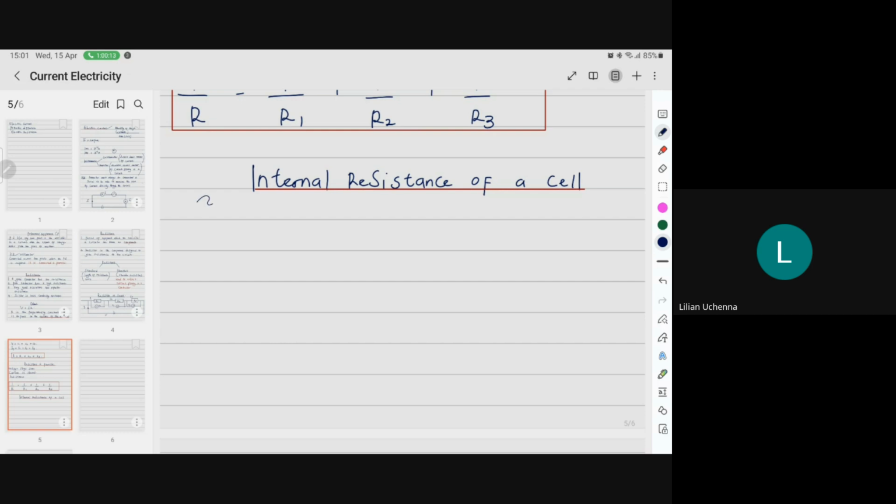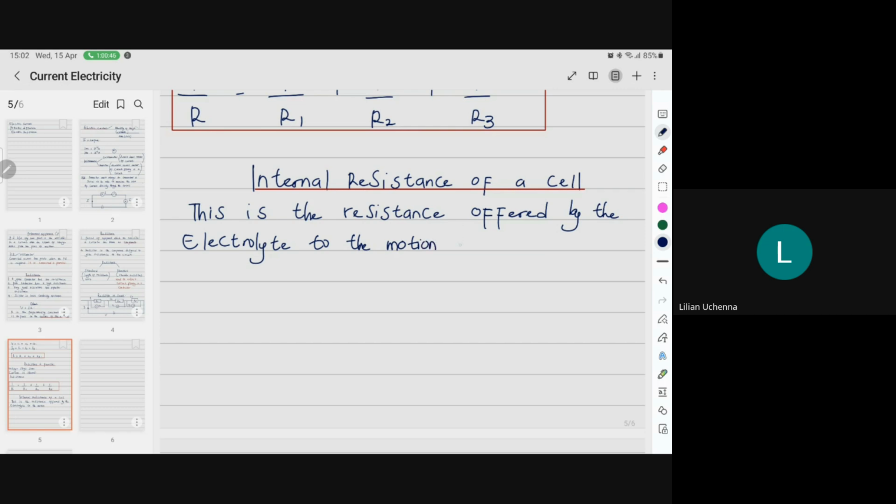All right. So this is the resistance offered by the electrolytes to the motion of current. All right.